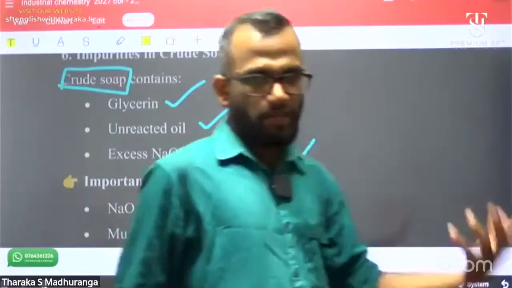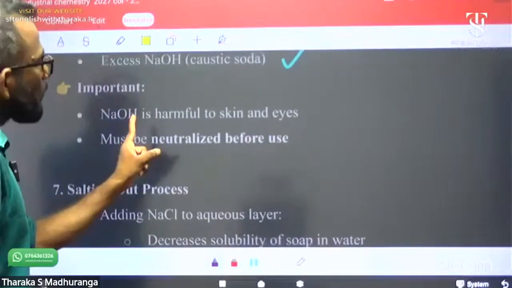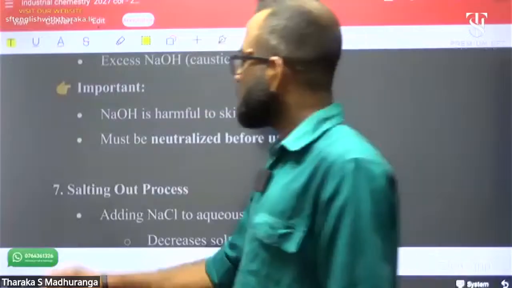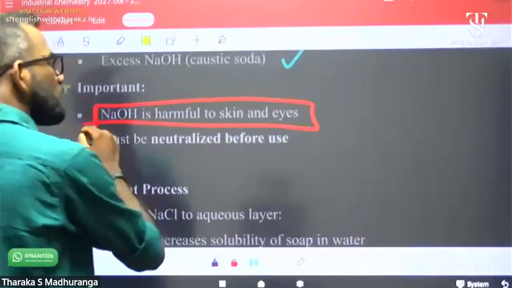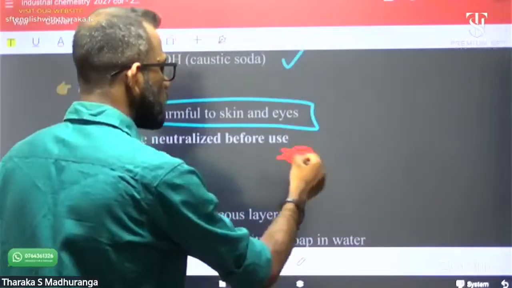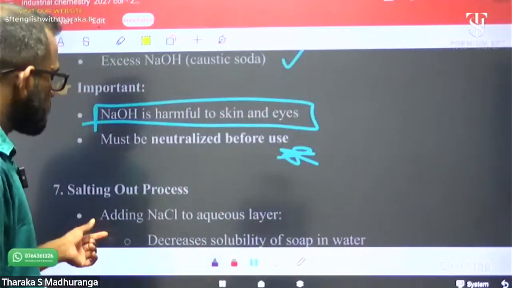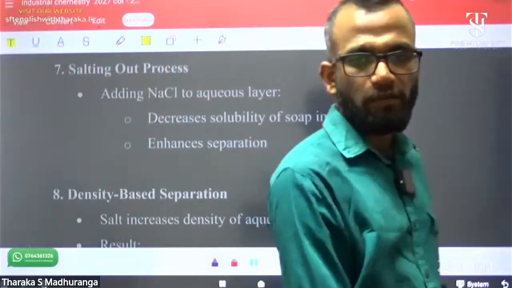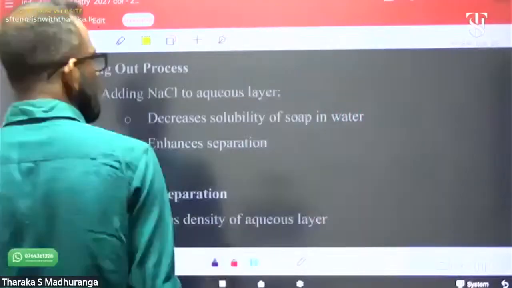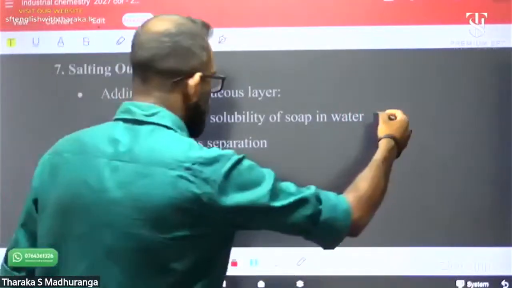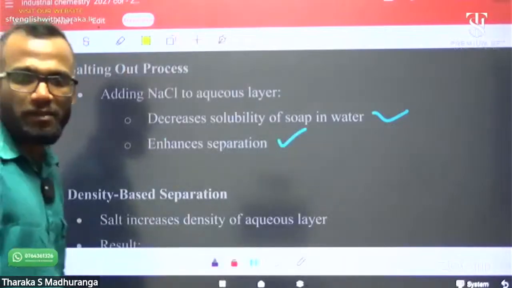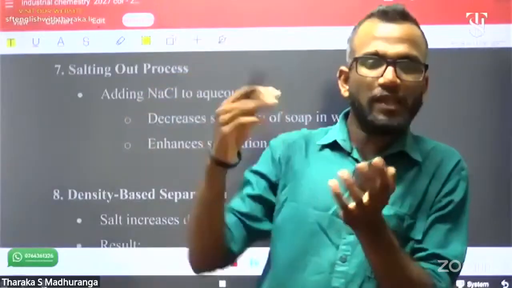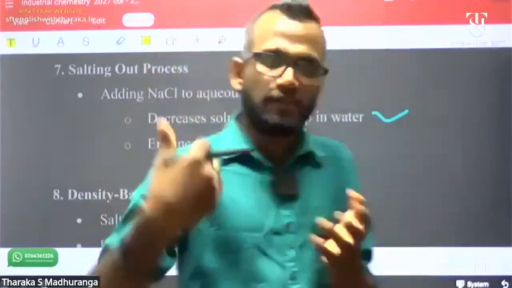That is important. Sodium hydroxide is harmful to skin. Must be neutralized before use. Next, salting out. Adding sodium chloride to the aqueous layer decreases the solubility of soap in water and enhances the thickness of the glycerol aqueous solution, and separation is accelerated.